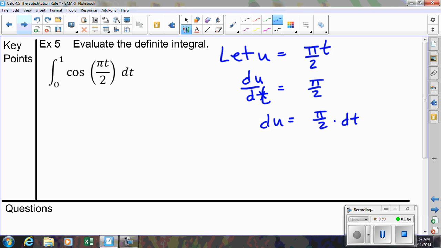But we don't have a constant of pi over 2 over here in our integral. So we could multiply by the reciprocal, setting up the constant 2 over pi times du equals dt. And that will allow us to make the substitution. Cosine of u du with the constant 2 over pi factored out.